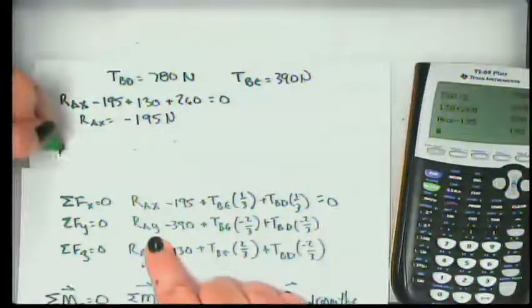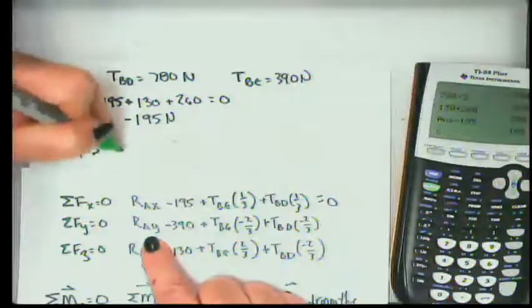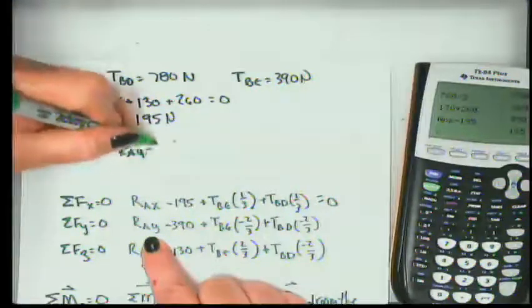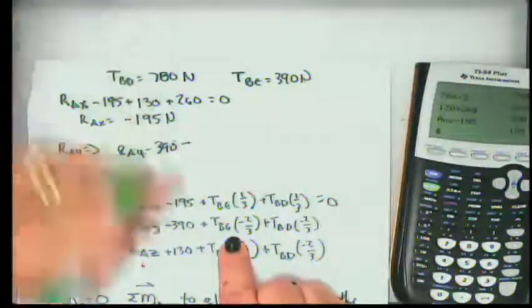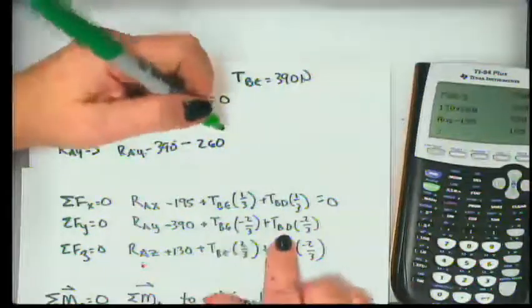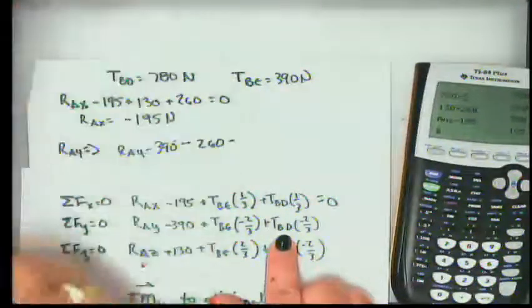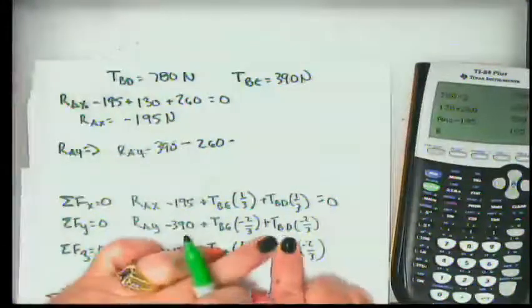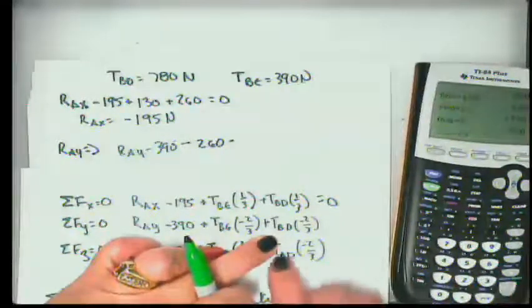In the y direction, we can do the same thing. We can say RAY minus 390 minus TBE times 2/3, which is 260 newtons, minus 2/3 times TBD, which is 780 times 2/3 is 520.